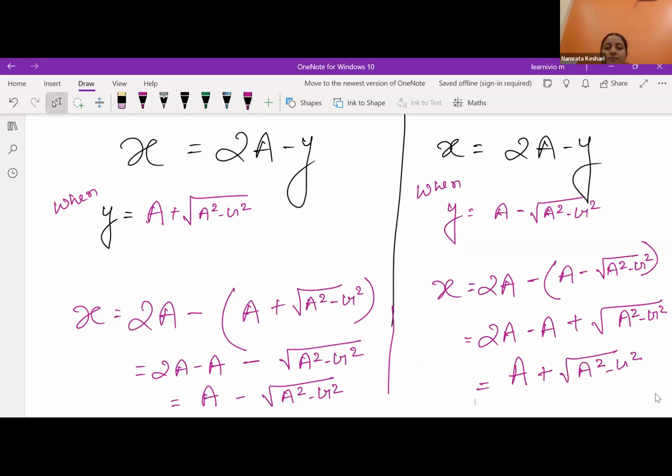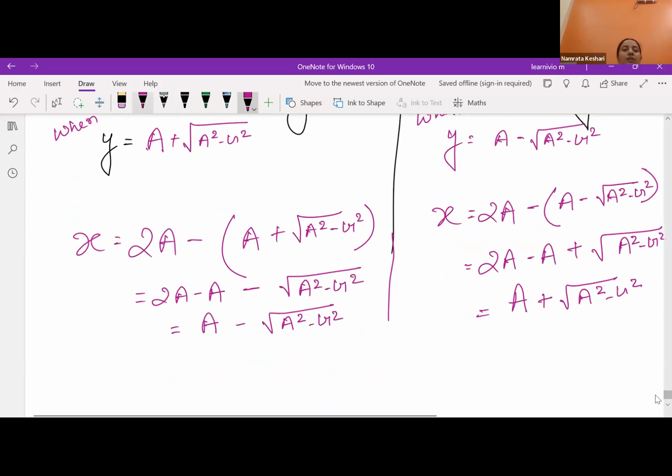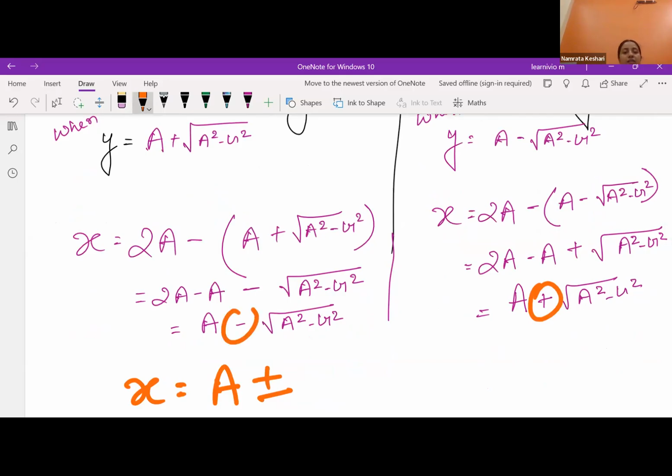Can you see that? Both the x values, can we write them together as x equals a plus minus, one is plus sign, another is minus sign, under root a square minus g square? Yes or no? Yes, ma'am. Which can be written further as, in one bracket a plus g, in another bracket a minus g.